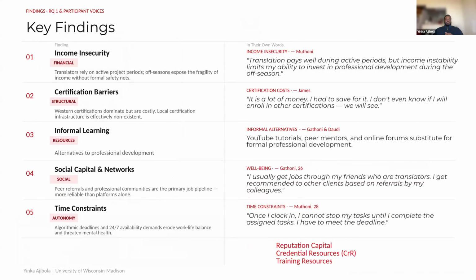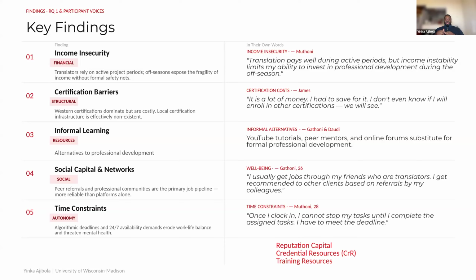The first one I want to focus on is certification barriers. In Kenya, many translators still depend on Western certifications to signify credibility. This ultimately creates a lot of mismatch because the certification and the actual translations needed within the context of English to Swahili are different.